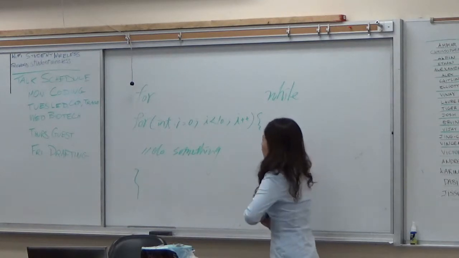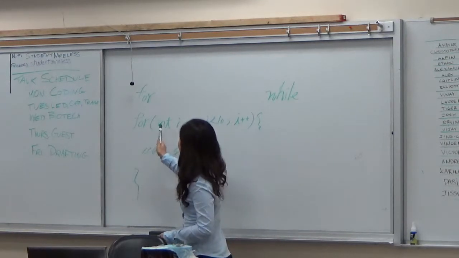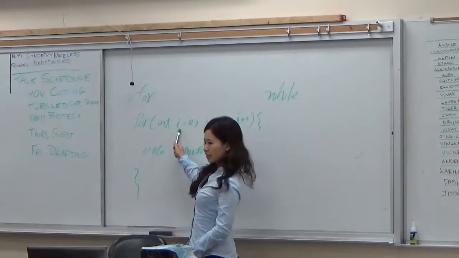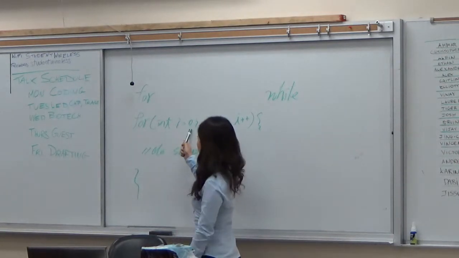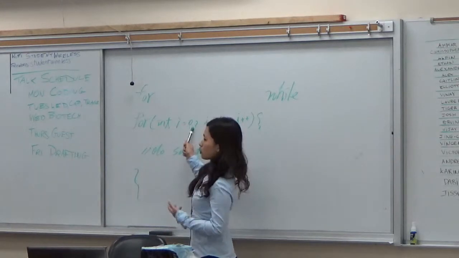Usually we will declare a variable like i here and assign it an original value of probably 0.